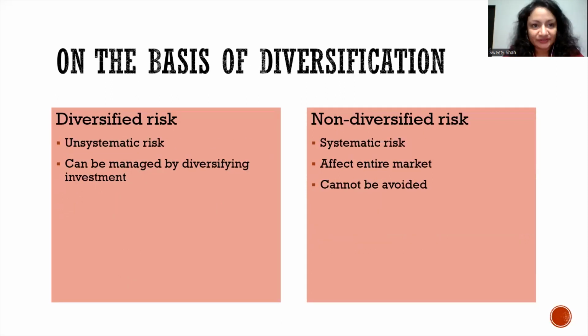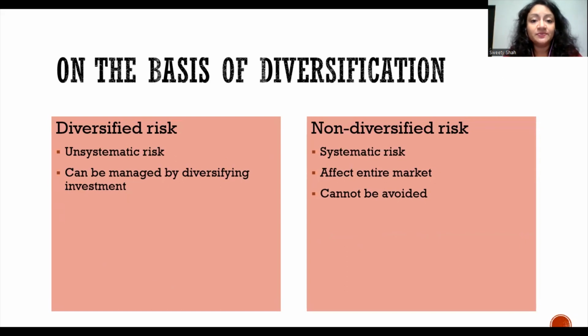Next, bifurcation on the basis of diversification, where risk has been divided into two categories, diversified risk and non-diversified risk. The most commonly used risks in investment decisions are diversified versus non-diversified risk. The diversified risk is also known as unsystematic risk, whereas non-diversified risk is known as systematic risk.